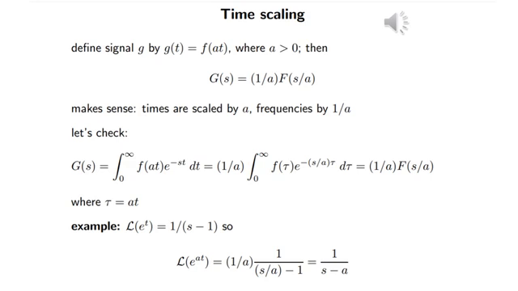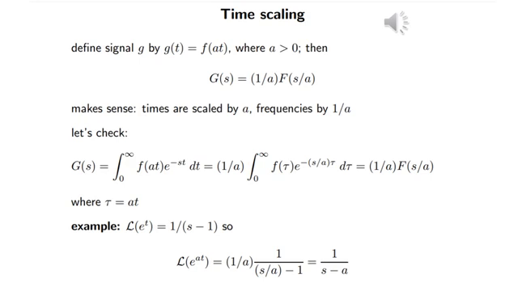Let's check it. Let's say G(s) is equivalent to the integration of f(at) e^(-st) dt, where integration goes from 0 to infinity. We can set another variable tau in place of t, and we change the limits of integration.